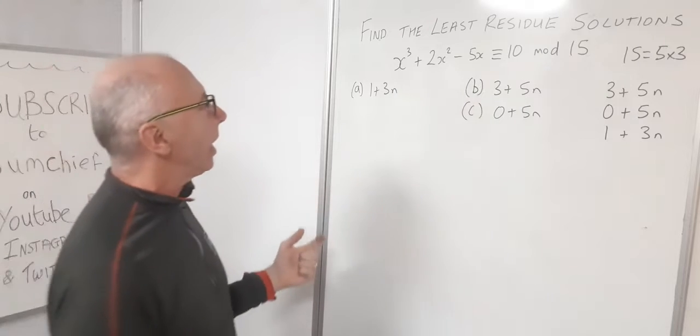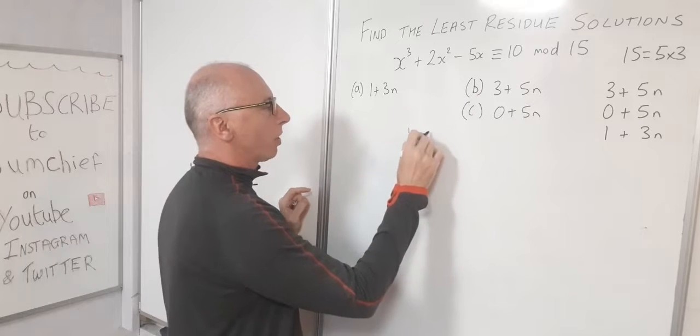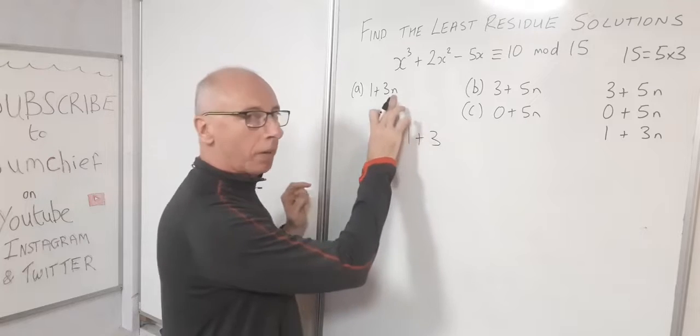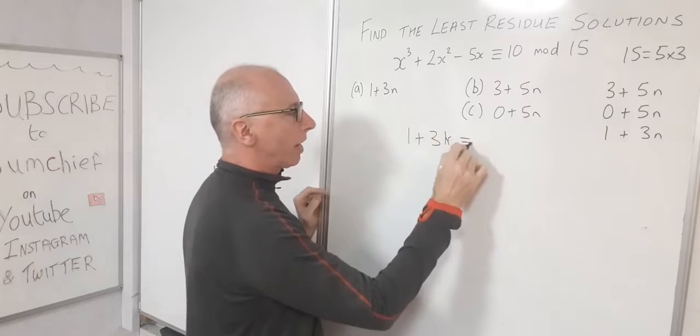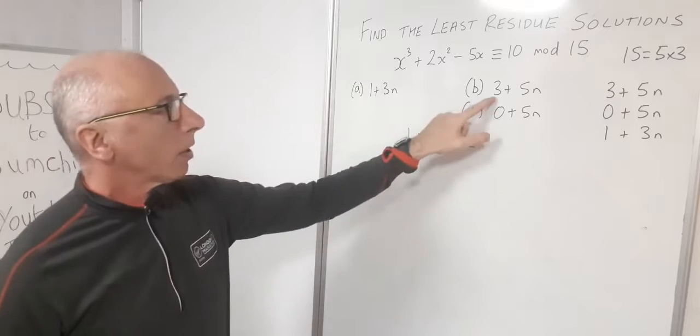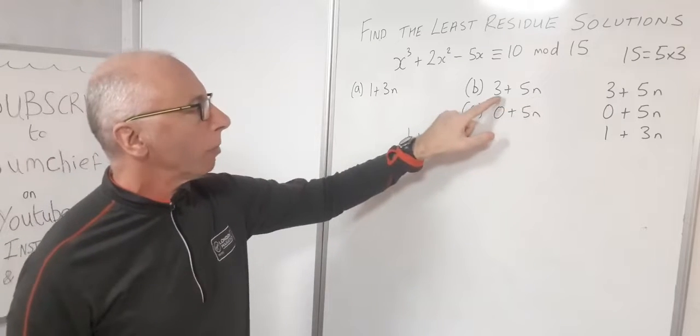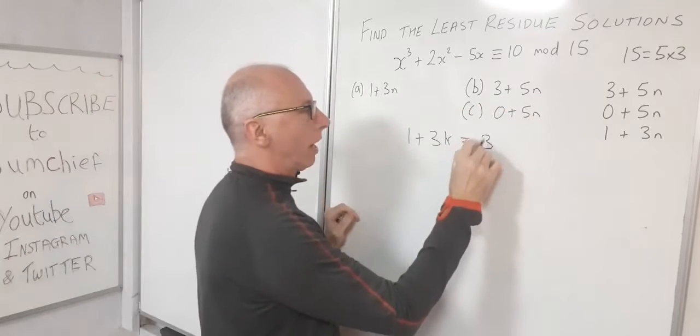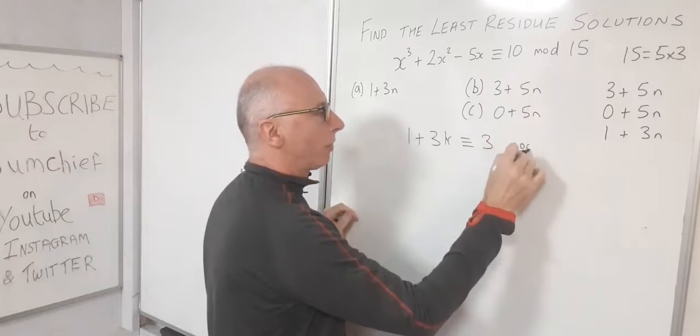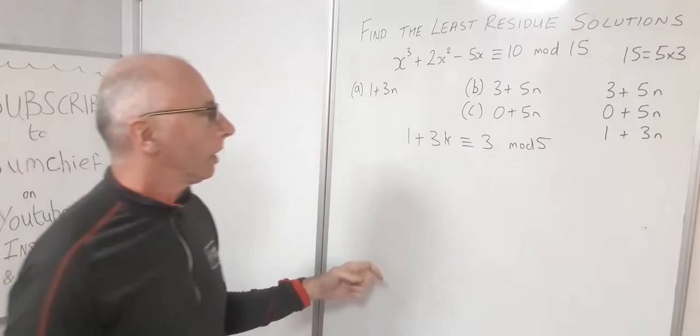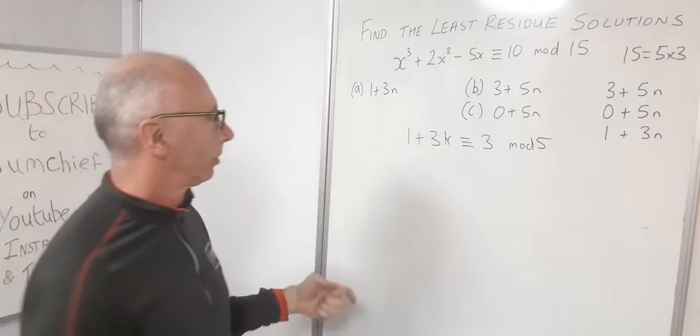So the way we go about that is I've got my 1 plus 3. Now I'm going to switch my variable to k and say that is congruent. Now I'm going to use my B building block, so 3, and then the 5n I'm just going to call mod 5. So now I need to solve for k.